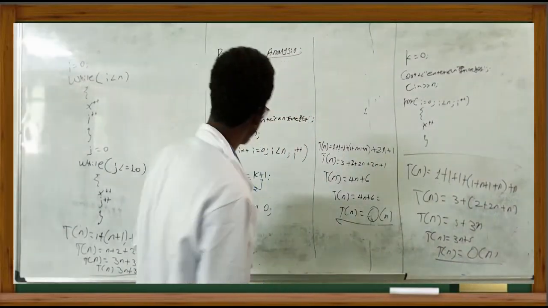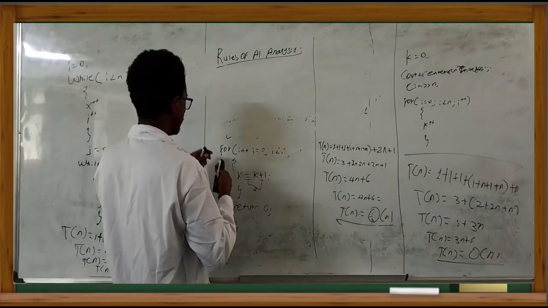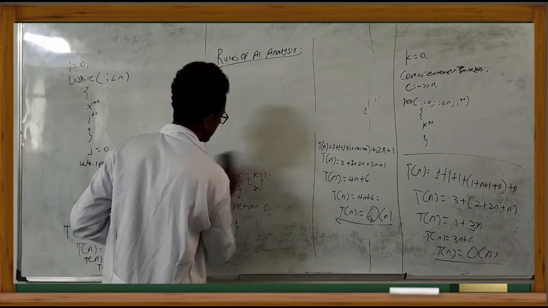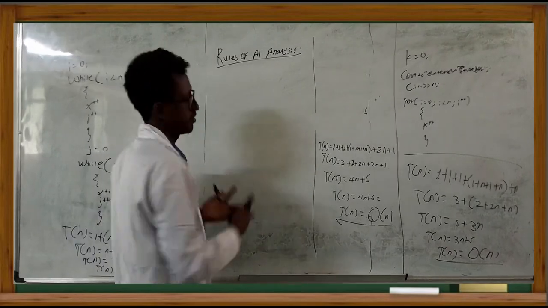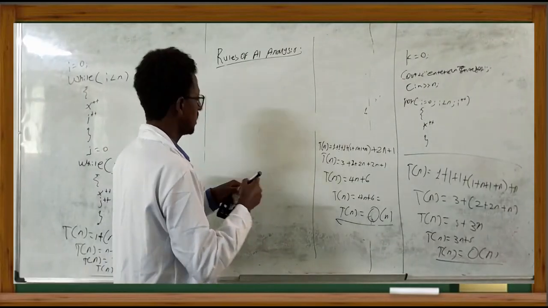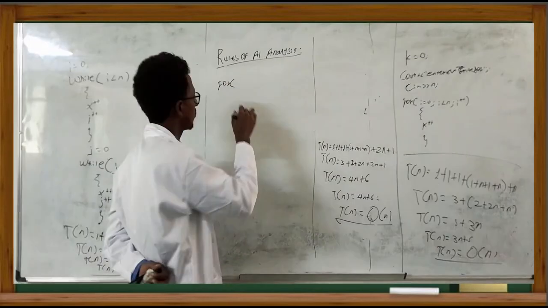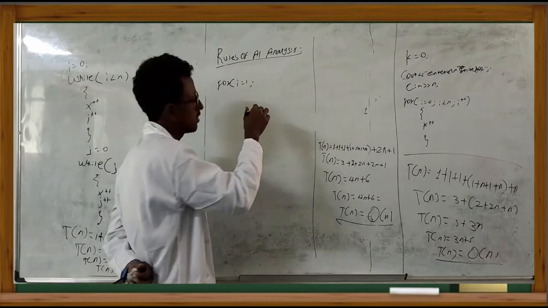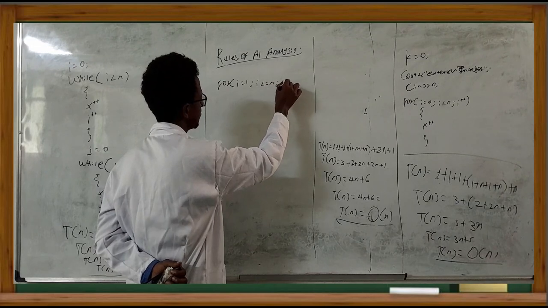There is also nested loops. How to calculate the nested for loop time complexity? Look, here is another example for nested for loops. For the outer for loop, i is equal to 1, semicolon, i less than or equal to n, i plus plus.